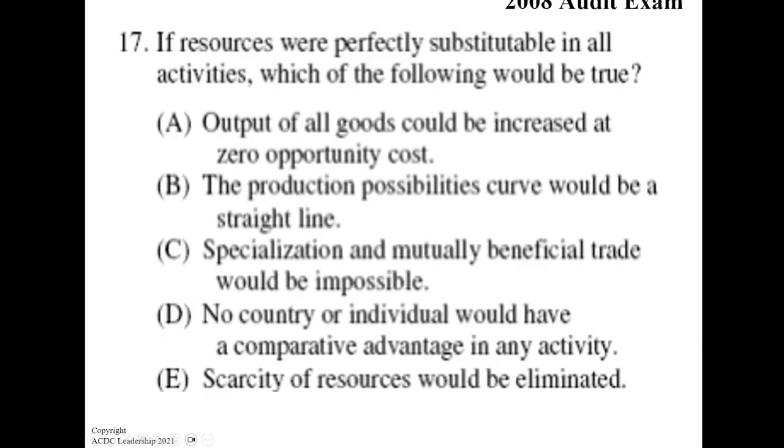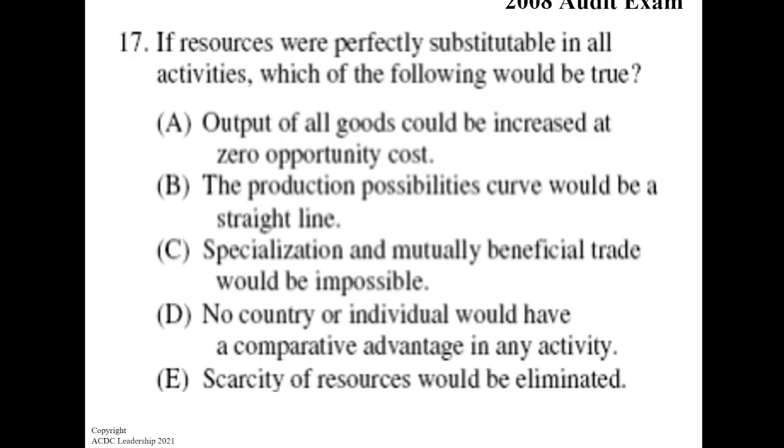So no. The production possibilities curve would be a straight line. This one looks pretty enticing because if the resources were perfectly substitutable, like our corn and wheat example, or our calzone and pizza example, a pizza is literally just an inverted calzone, so they're completely substitutable.